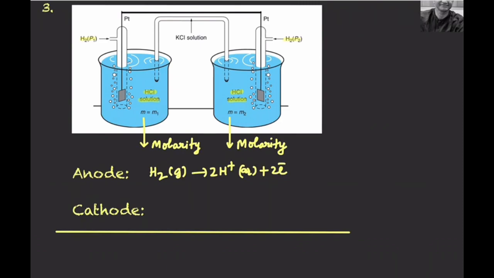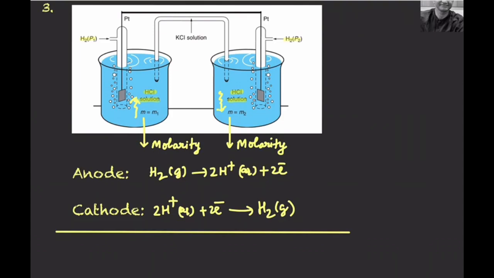So in anodic compartment, the concentration of H plus ion is increasing, while in cathodic compartment the reverse reaction will take place. 2 times of H plus ion in aqueous state will accept 2 electrons to form hydrogen gas. So in cathodic compartment the concentration of H plus ion is going to decrease.